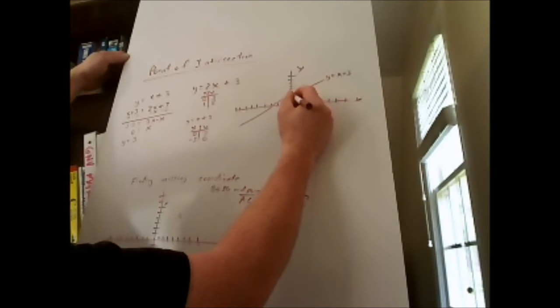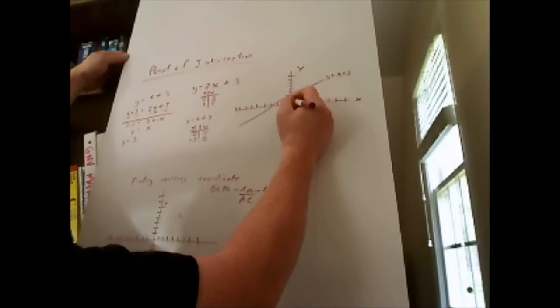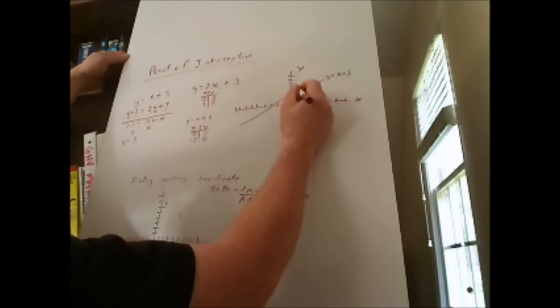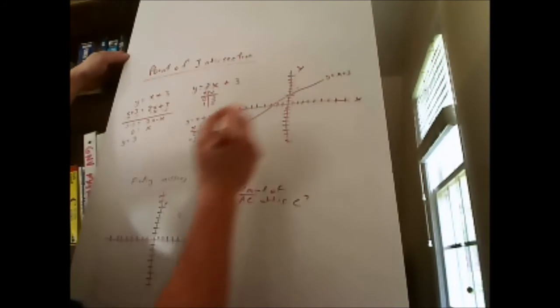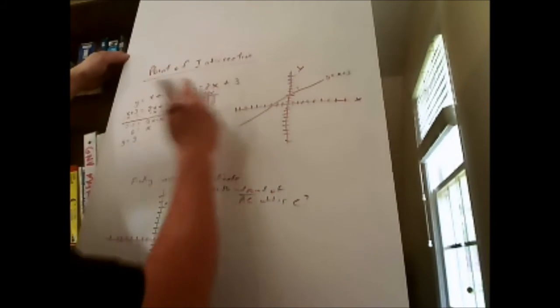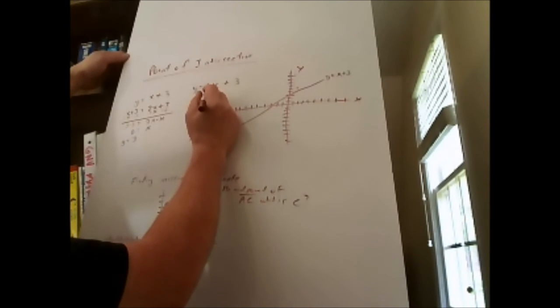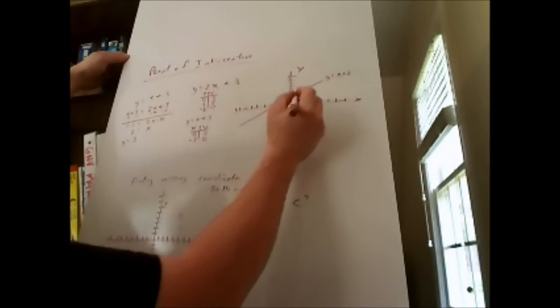So 0, 3 is right here, and x is 1, positive 5: 1, 2, 3, 4, 5. Let's try another number, let's try x equals -2, just for grins. If x is -2, that's -2 times 2 is -4, plus 3 is -1.